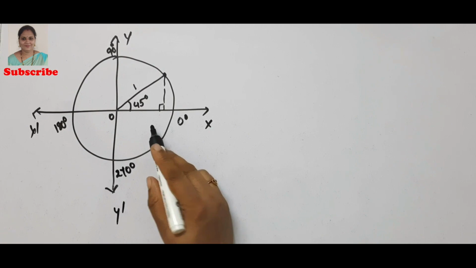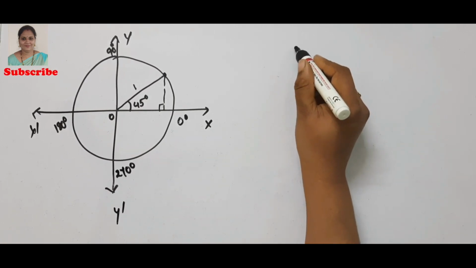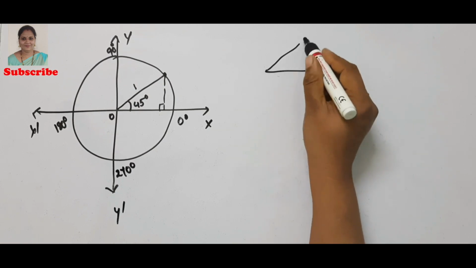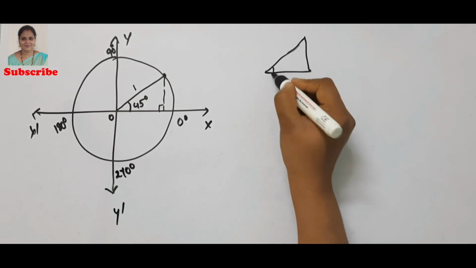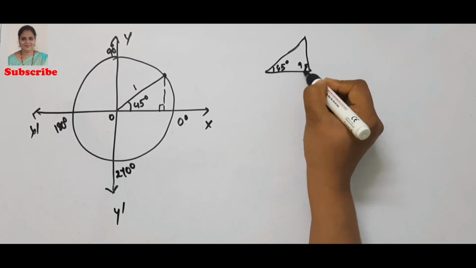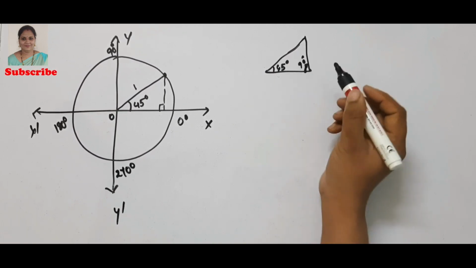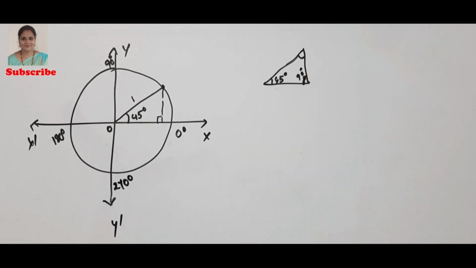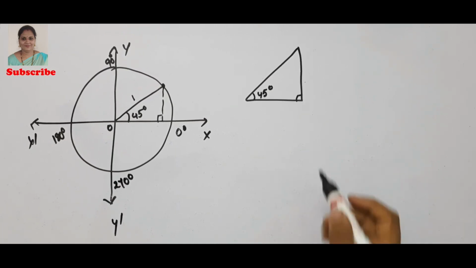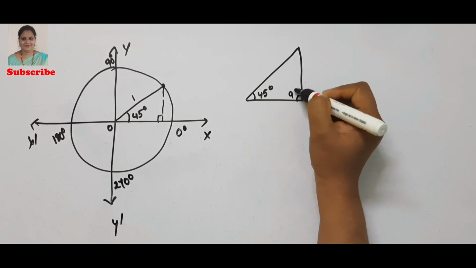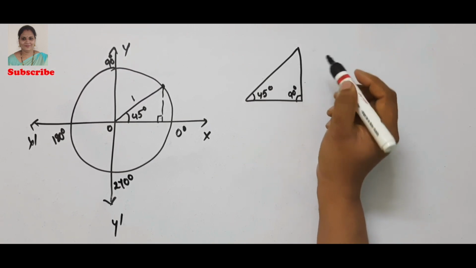Let us draw a rough diagram of this here and study this triangle. So this is 45 degrees. This is 90. Now we have to get the angles of this triangle, so we have to use the properties of a triangle.